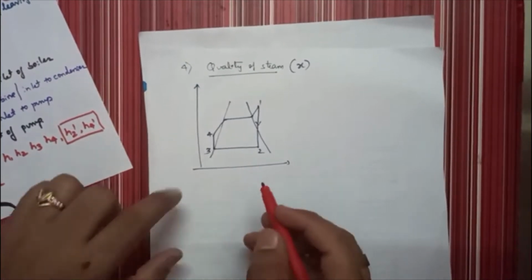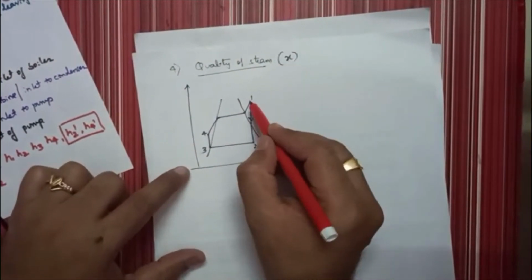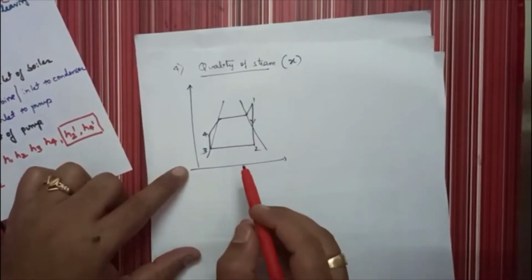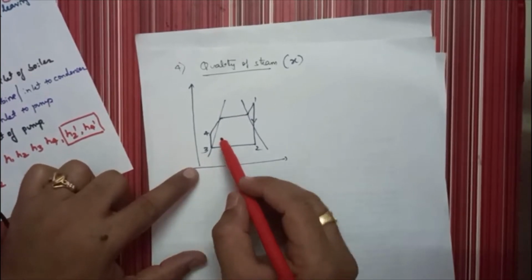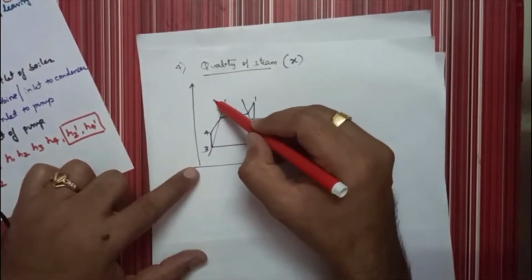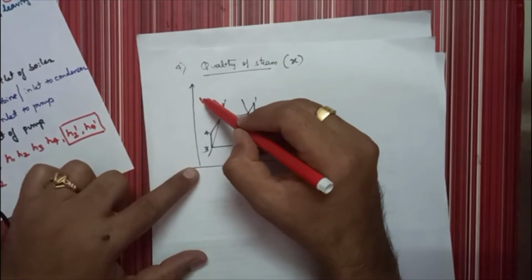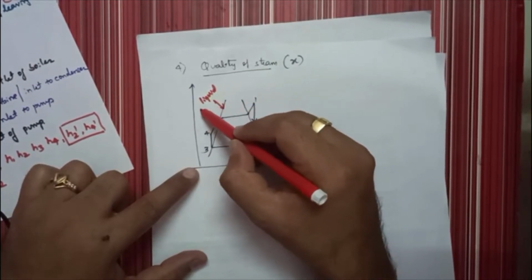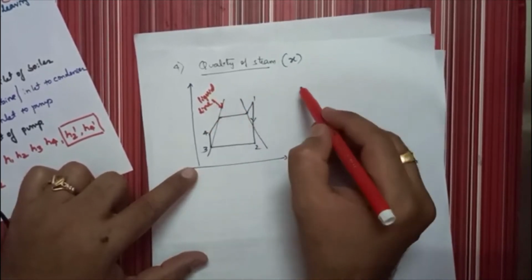If any point, for example point number 1 or point number 2, lies on the saturated liquid line, then X is equal to 0.